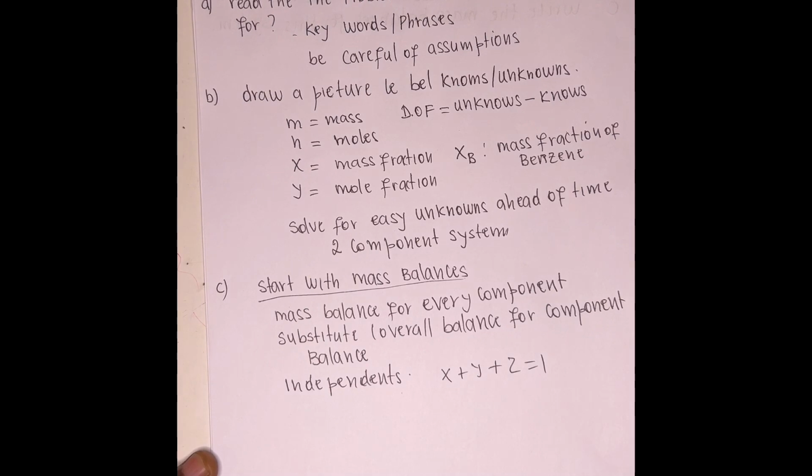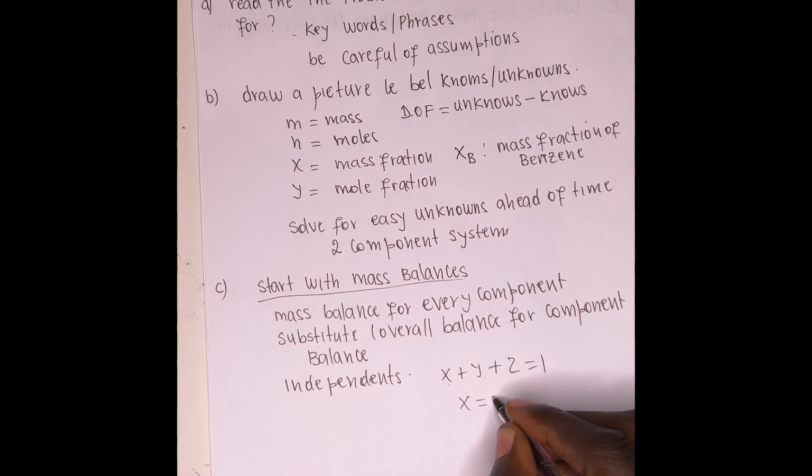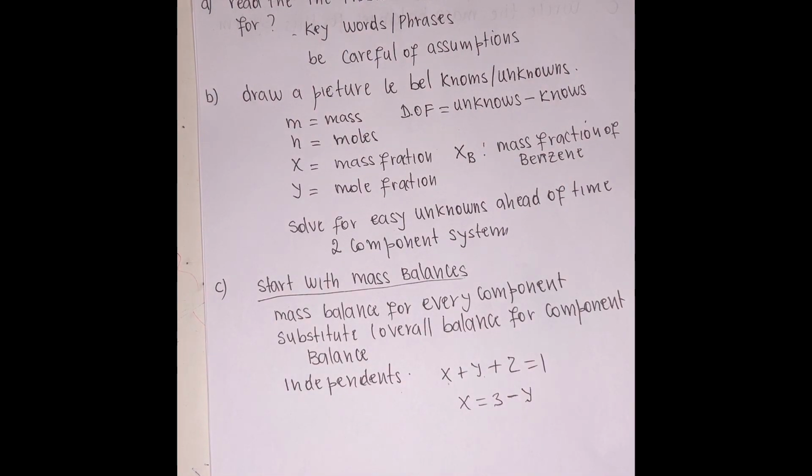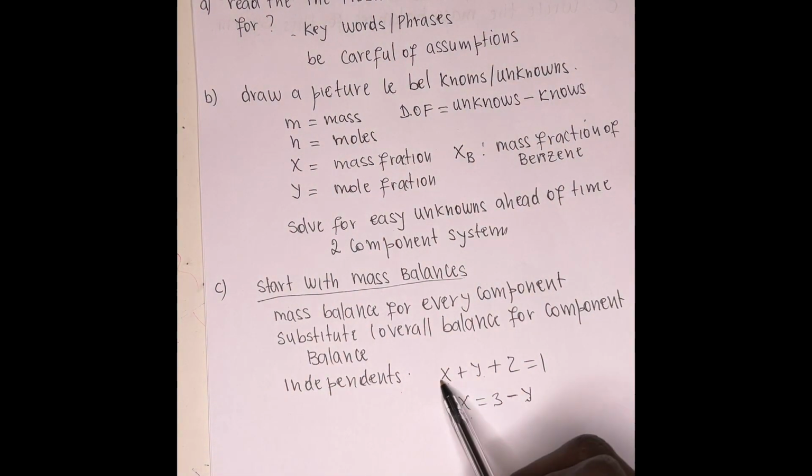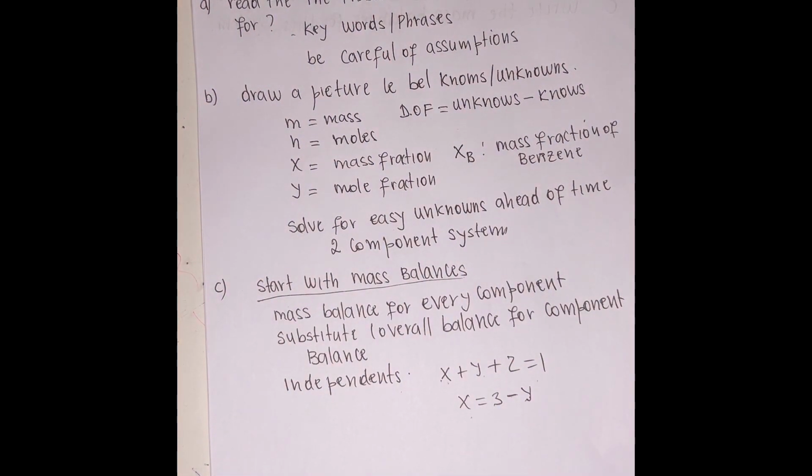To solve this is a big challenge because you don't know x, you don't know y, you don't know z. But let's say you have x equal to 3 minus y. This is going to be easier to solve because you have only 2 unknowns. You can say, okay, if y equals 0, then you solve for x. But if you say x equals 0, you're left again with 2 unknowns.